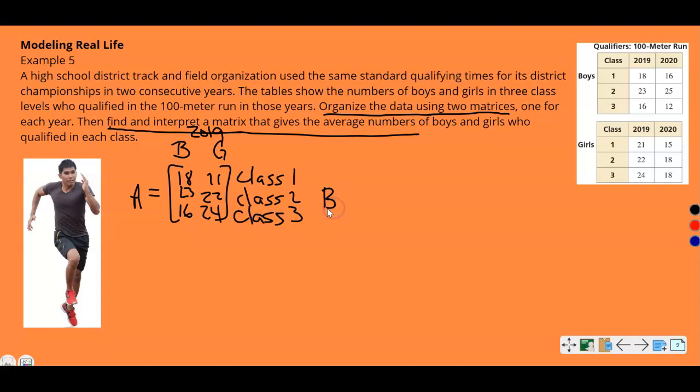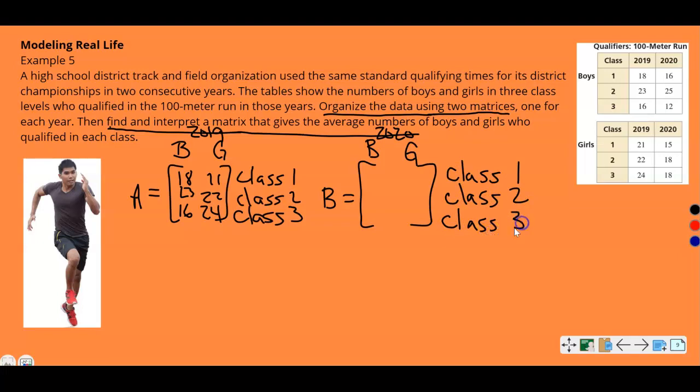Now we can do a matrix B. Let's do boys and girls again. This time it's going to be 2020, and it's still going to be class 1, class 2, and class 3.